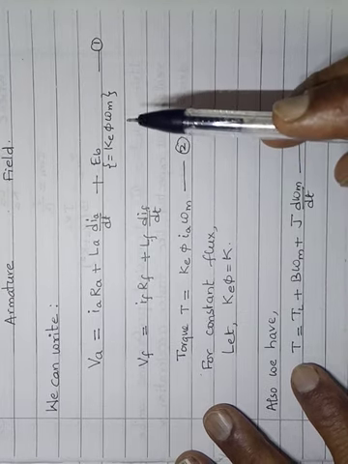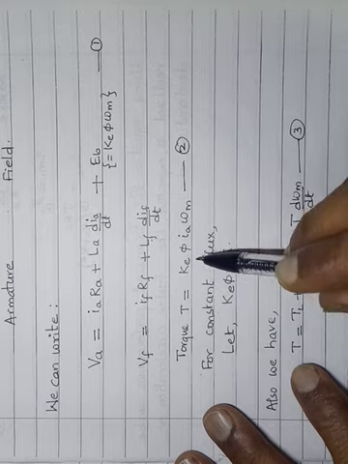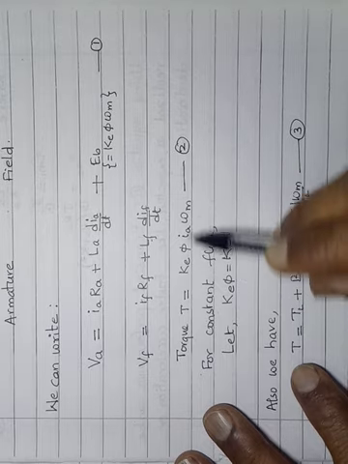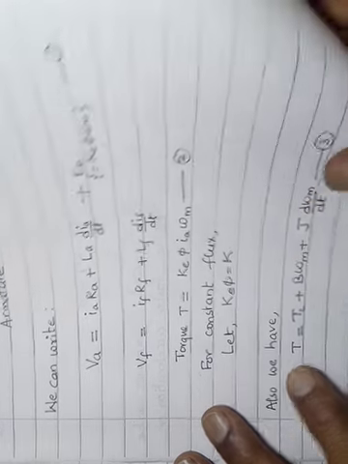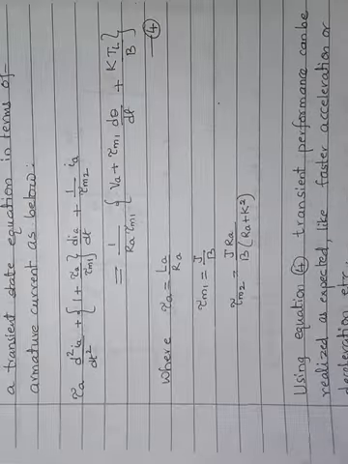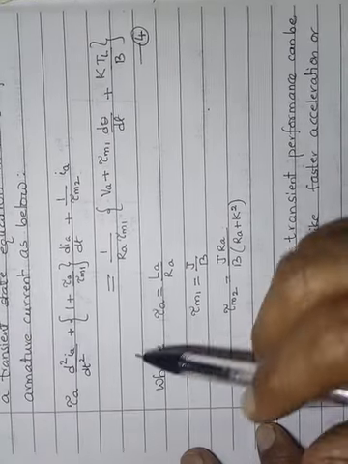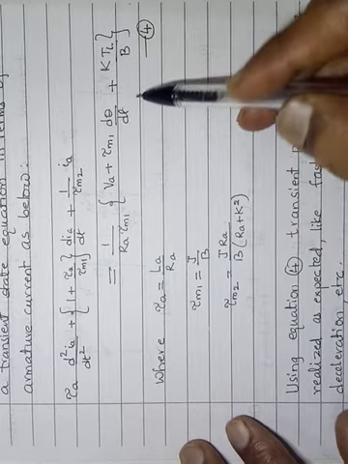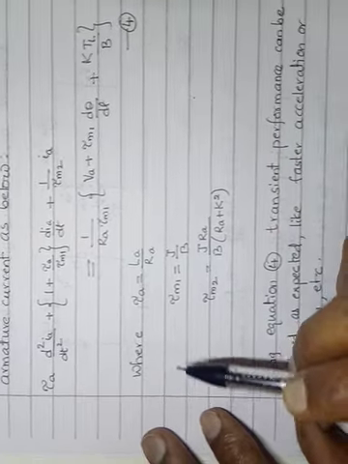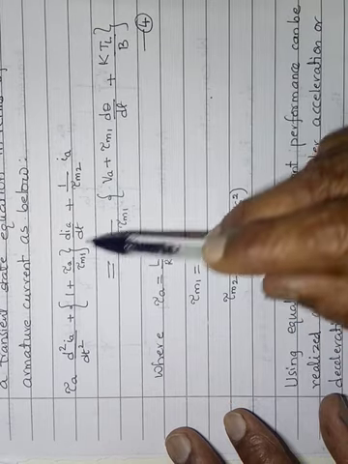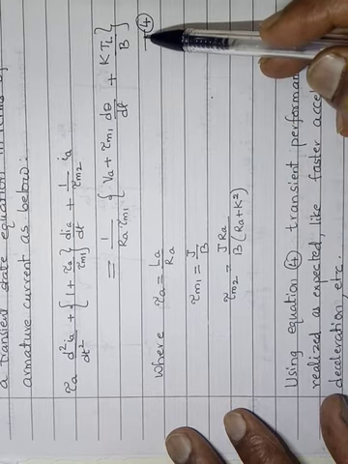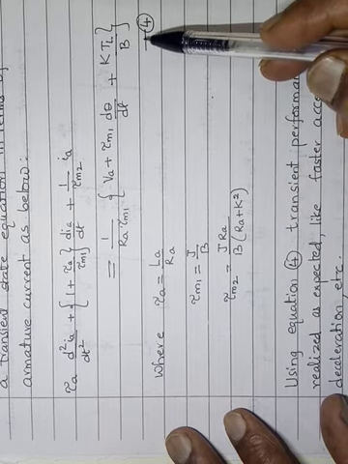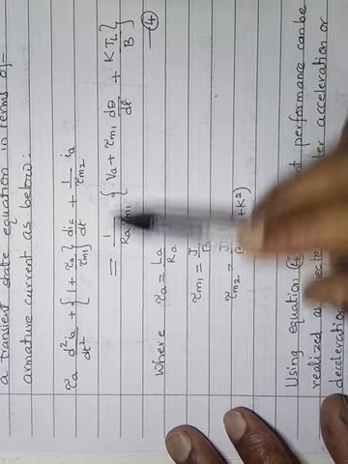There is Ke pi omega m. It will be t by Ia, and then I will differentiate and then simplify. When I do that, I will get the equation like this, and it will be really a big equation.